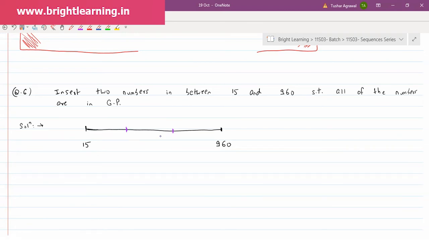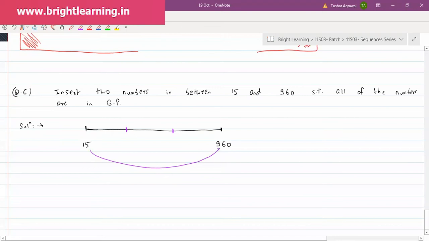It's just a multiplicative factor of r. So two numbers are inserted, and from the starting point to the end point you will have to travel a distance of r cube. Do you accept this fact?